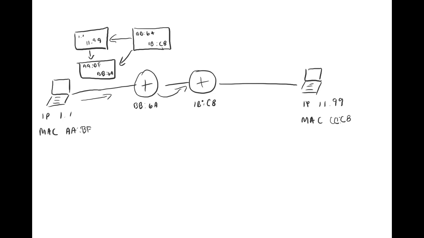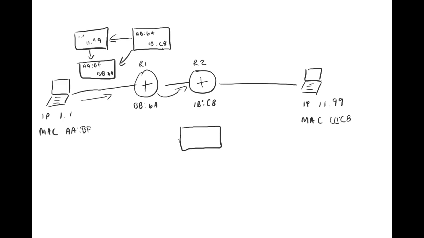And then it's going to send it to layer 1 and encode it and send it out through the interface going to the next router. Let's call this one router 1, router 2. All right, once it gets to router 2, it's going to decode the 1s and 0s, send the frame up to layer 2. Layer 2 is going to send the frame to layer 3.